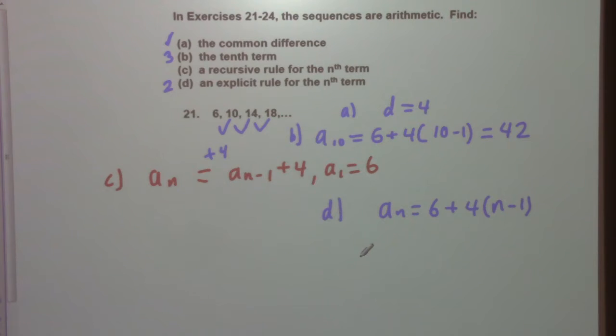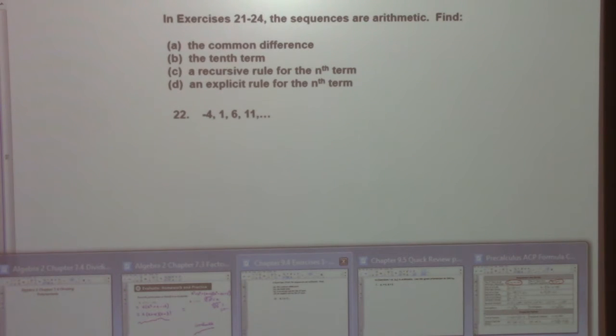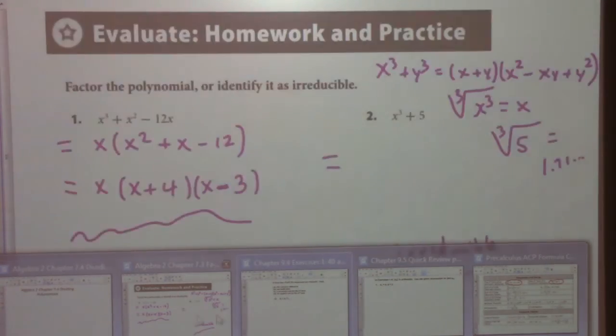But we're getting close to test taking time, so I really want to focus in on this, and plus we have to get through a lot of stuff too. All right? So let's go to the next one here. The 10 is just part of the instructions in the instruction set, that's all. And if you see problems like 25 through 28, we're going to use 8 for those instead.